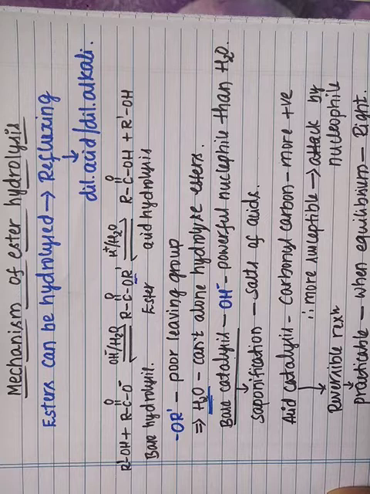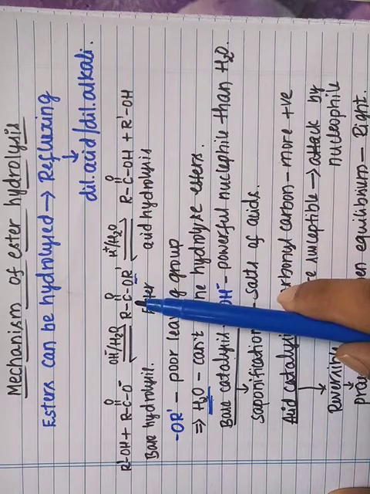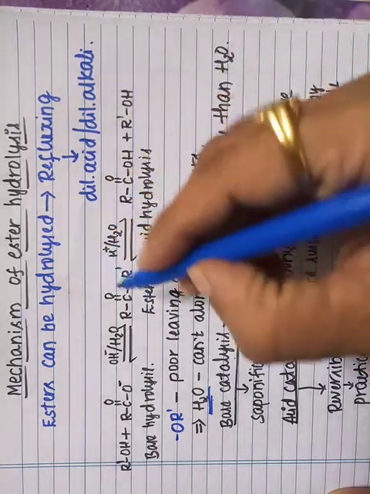When it comes to the hydrolysis of the esters by using a dilute acid, that is acid catalysis. In case of acid catalysis, what happens? The acid catalyzes the hydrolysis by making the carbonyl carbon more positive.